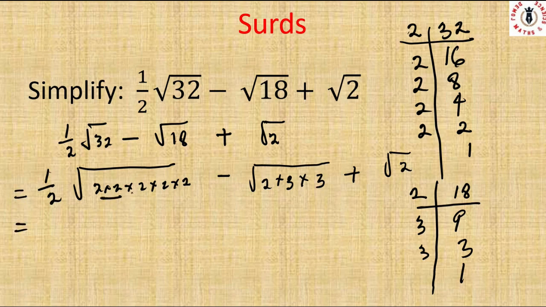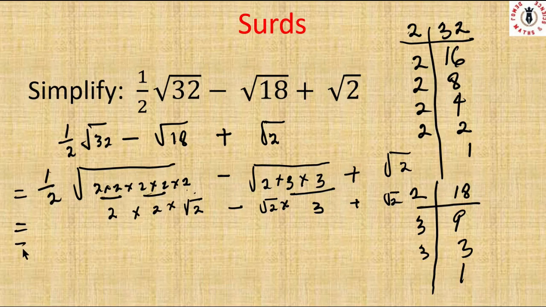Now this is 2, here is 2, I'm left with 1, 2. Then here is also 3. So I can take this as 2 times 2 times, because I have 1, 2 here, the root of what? 2. Minus, this is the root of 2 again, times 3, plus the root of 2.